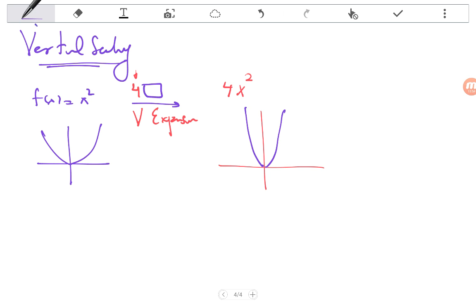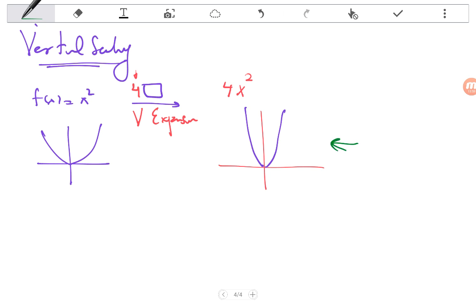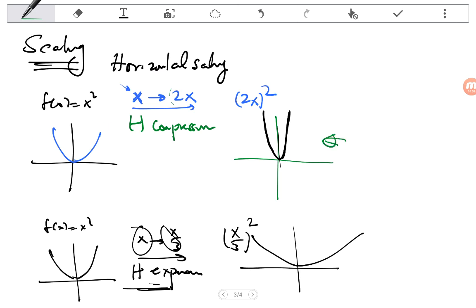Now, some of you may notice that this graph is much like this one. Yes, and for this special case, it is exactly the same graph. Why did that happen?